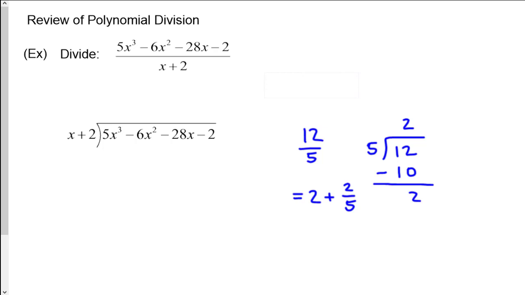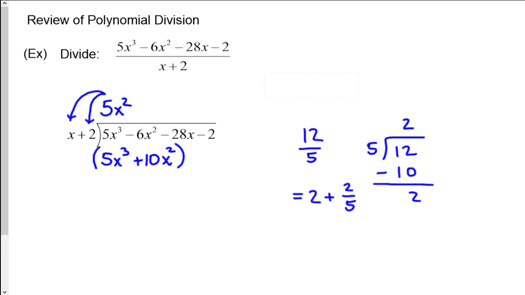It's very similar in polynomial division, but here's what you do. You start off asking yourself, what can you multiply x by to get 5x cubed? Well, it's kind of predetermined. The only one thing that will work. So that's 5x squared. The reason you choose that is because now you're going to multiply 5x squared by this polynomial, and you get 5x cubed plus 10x squared.